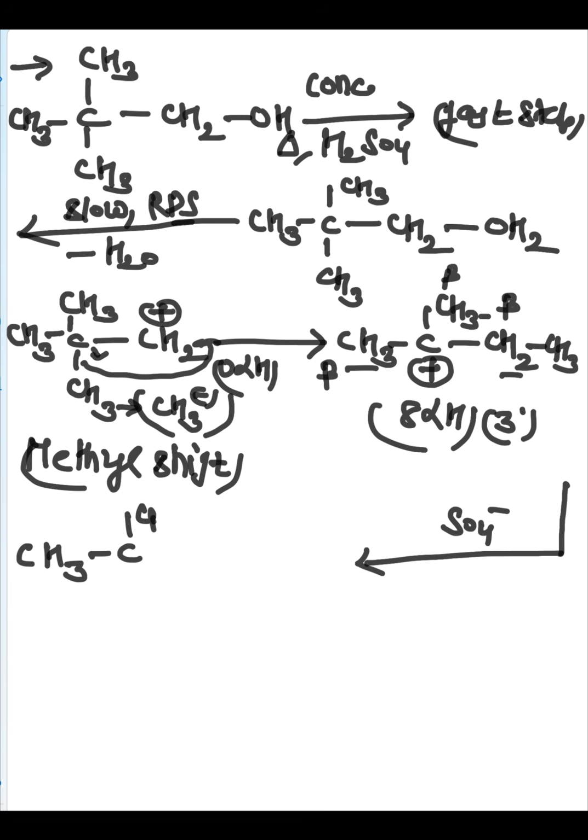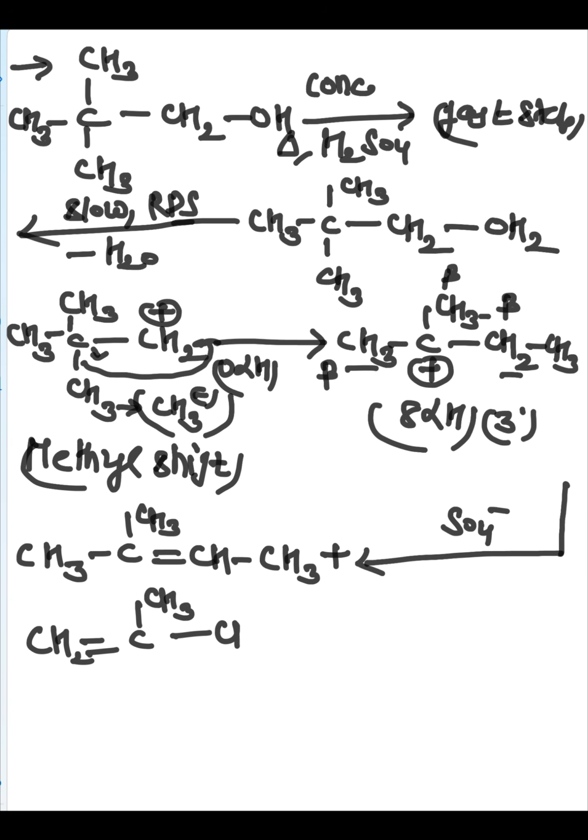CH3 CH3 C double bond CH CH3, ये प्रोडक्ट बन सकता है आपके पास, या फिर CH2 double bond C CH3 CH2 CH3. Now you have to decide which one is your major product. This and this beta hydrogen and this beta hydrogen is same.